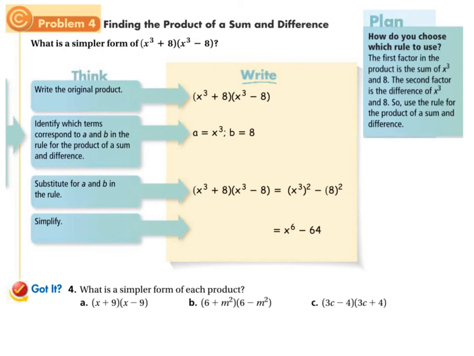What's x cubed times x cubed? X to the 6th. What's 8 times 8? 64. And remember, it's got to be subtraction in between here. That's what it's got to be, because you have one of each, which turns this to subtraction, and one of each also makes the middle terms drop out. If these were the same sign, you wouldn't get those middle terms dropping out. So they have to be different signs, which means this has to be negative in between.